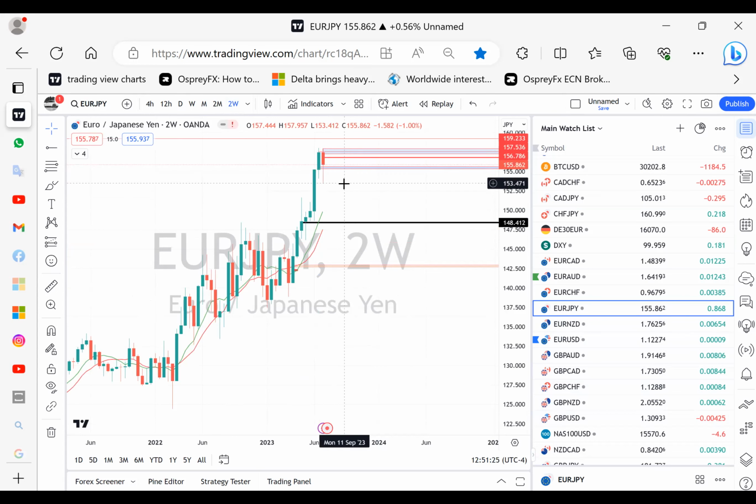Every pair except for FJ has retraced pretty much that retracement we were talking about. But in FJ's case, man, FJ went half the distance down and all the way up. It didn't stop here. It went all the way up here. So it's very nuanced.